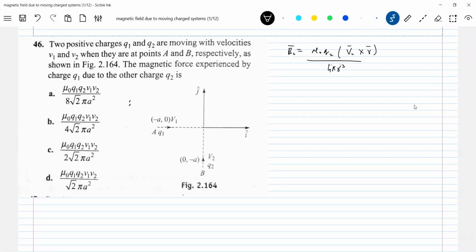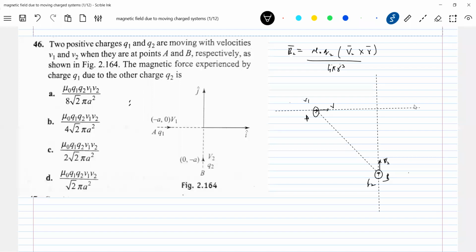R is the line joining A and B, the line joining the charged particles. There is a position A and a position B, and a positive charged particle. Let's take it here, and this particular charged particle is moving here.